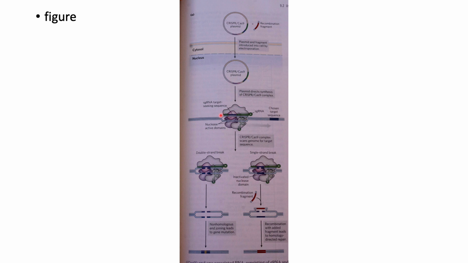But you've got the host genome. It separates, and you get a target that is present here. It's a chosen target sequence, which is part and parcel of this recombination fragment. It will recognize a part of the gene that is of interest.